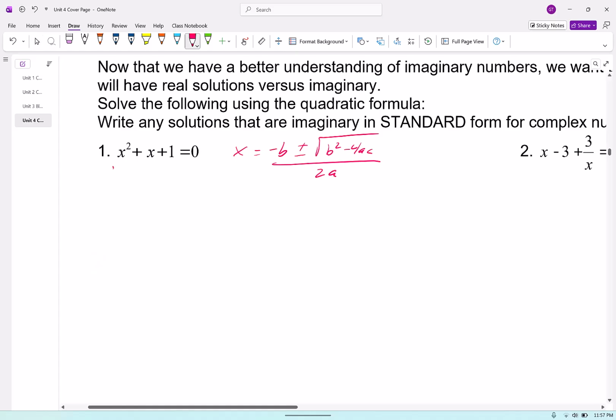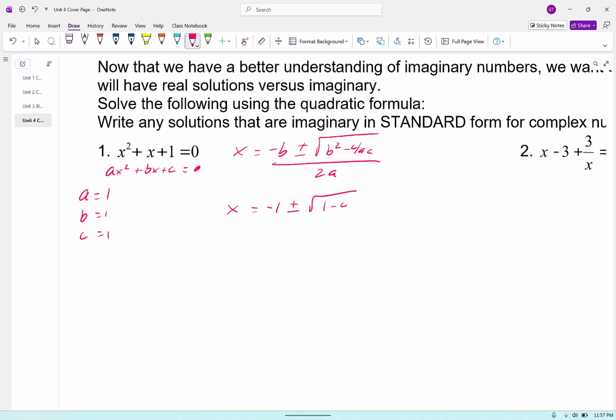And so remember, we got ax squared plus bx plus c equals 0. So that's where we get those values. So my a equals 1, my b equals 1, and my c equals 1 in this case. That makes things a lot easier. So I got negative 1 plus or minus the square root of 1 minus 4, because a and c are both 1, all over 2.